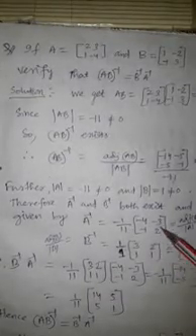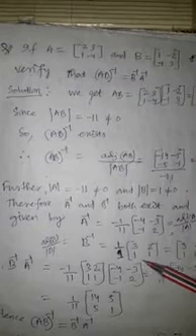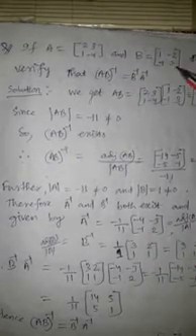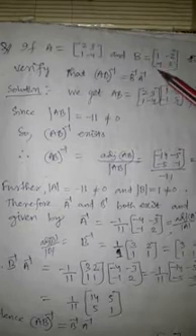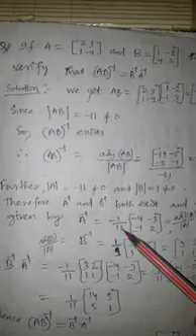So the adjoint of A, that means simply interchange and change the sign. And the adjoint of B is also simple interchange and sign change. That is 3, 2, 1, 1. And the determinant value of A is equal to -11.